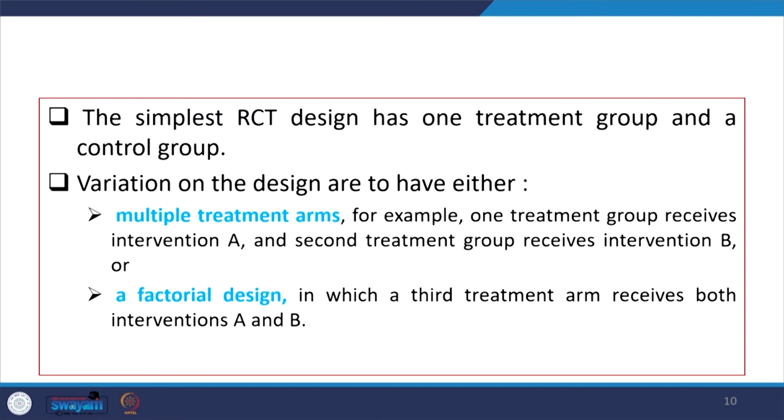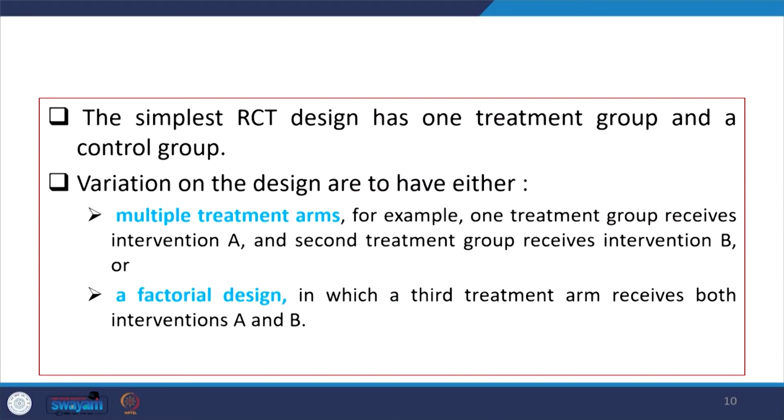Variations on the design have either multiple treatment arms or a factorial design, where a clear structure is defined instead of a clear chain of factorings.